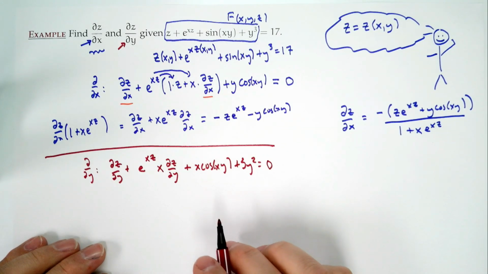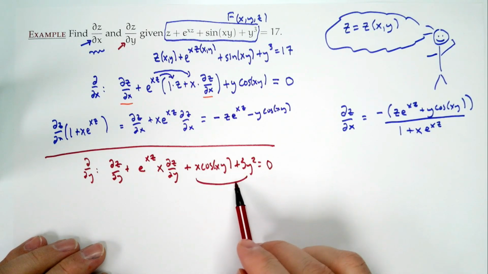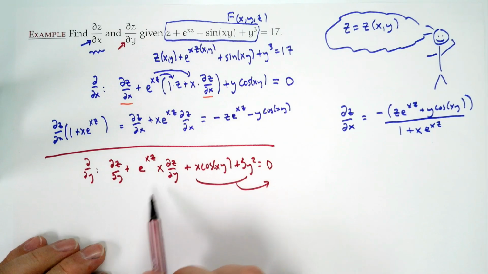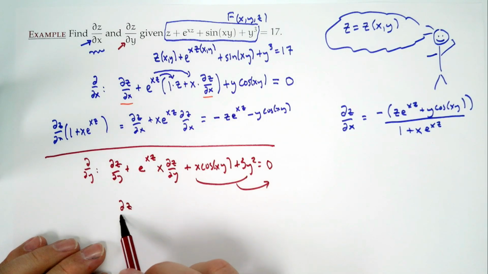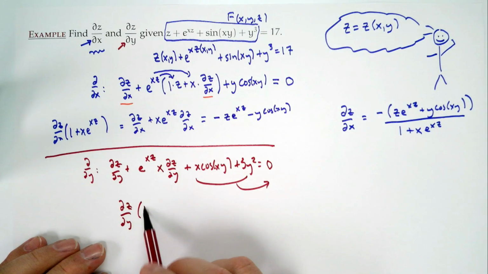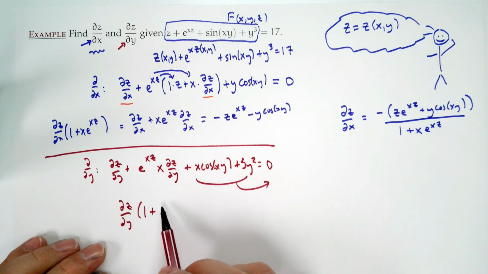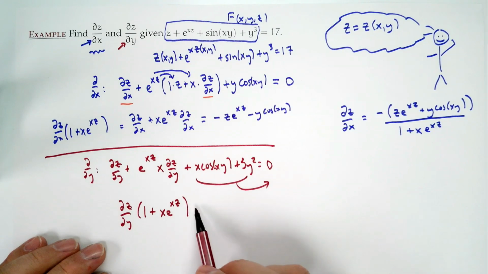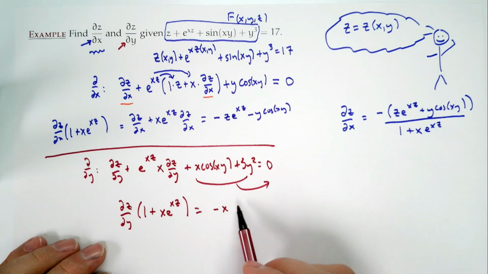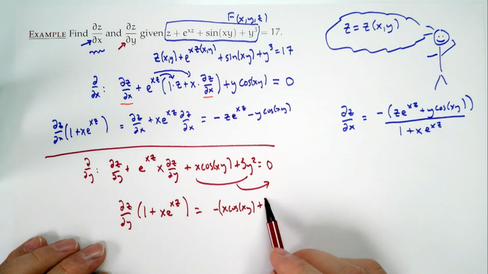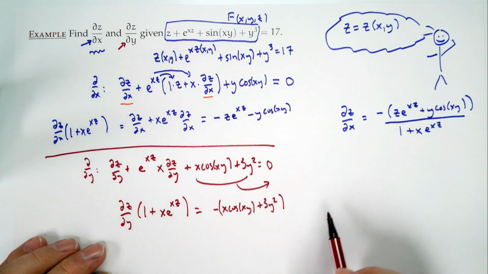Well, here it's a little bit simpler. There's not so much to do. This will move across. Here we can factor out. So we get partial z, partial y, 1 plus, I'll rewrite it as x e to the xz, is equal to minus x cosine xy plus 3y squared.